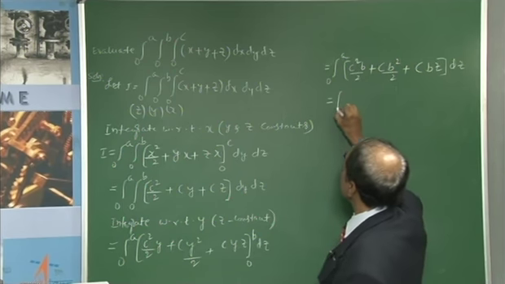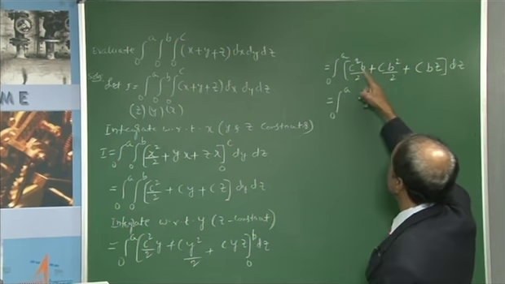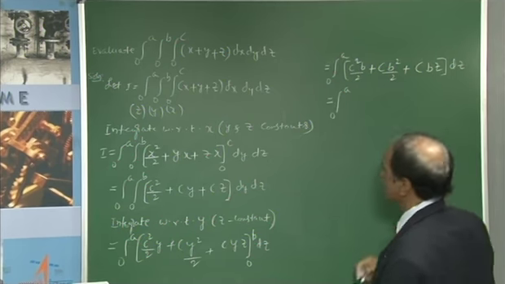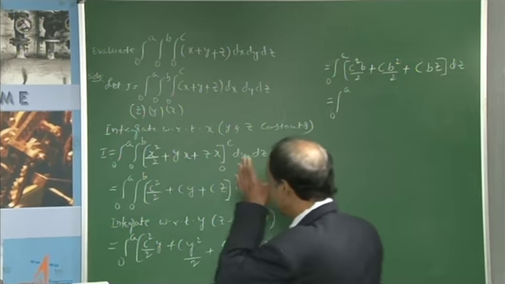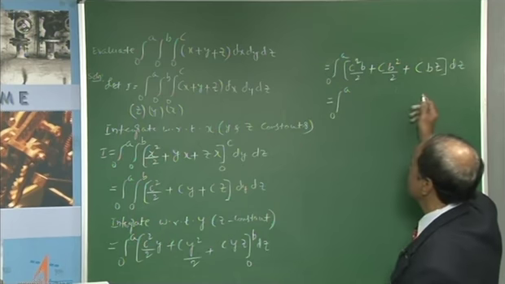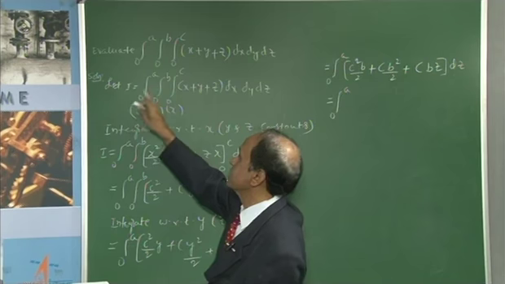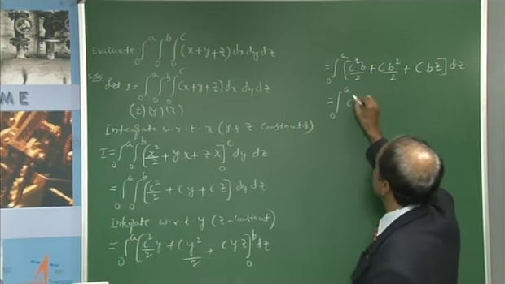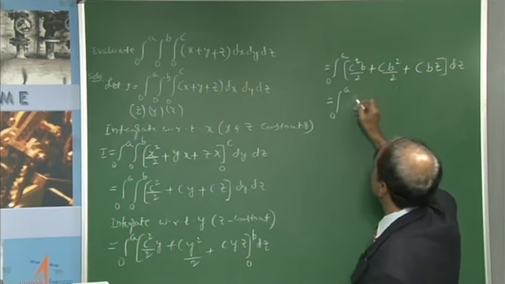Further, 0 to a, in place of x and y, now we are going to integrate with respect to z. That means two variables we have already cleared. Now the third variable, the last variable, the outermost integral, which carries the limits 0 to a. This becomes c square, anyway you can integrate, that becomes c square b.